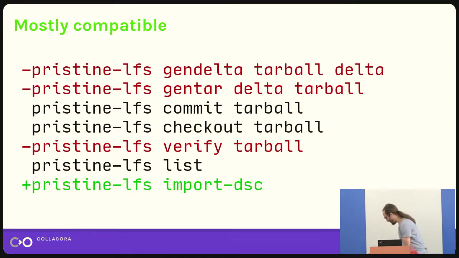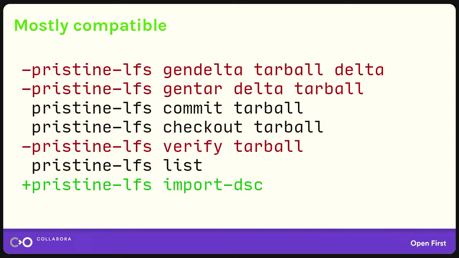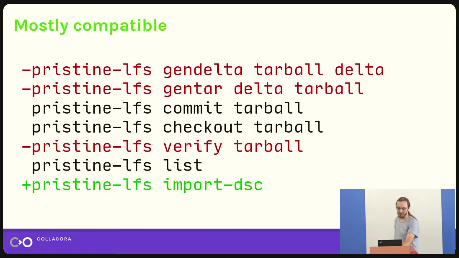Actually, the command verify is mentioned as being absent in this one, but I actually added it meanwhile because it's still useful to check if the tarball actually matches what's on the branch. And there's also a command to automate the import process, which is import-dsc. Just give it a DSC file, and it imports all of the tarballs mentioned in that one.